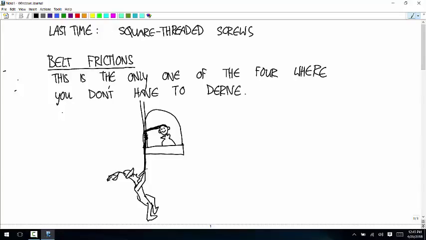Okay, wrapping the hair around the pole doesn't change the force that the prince applies to the one end.